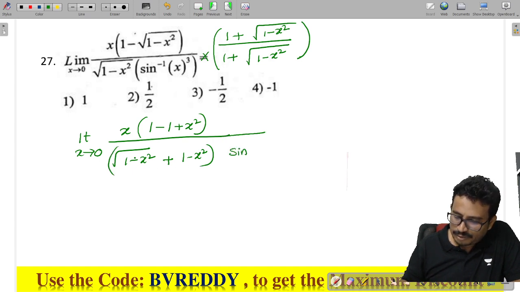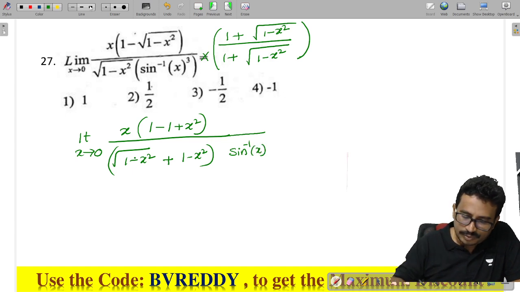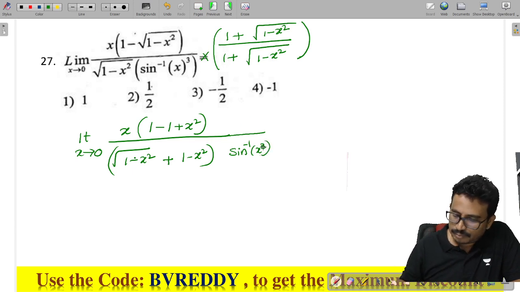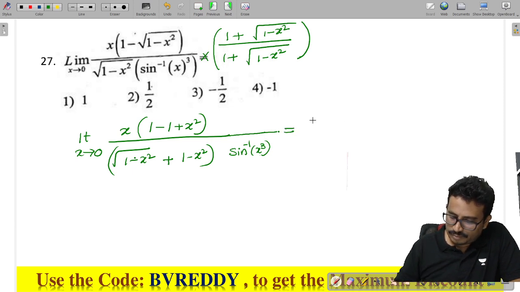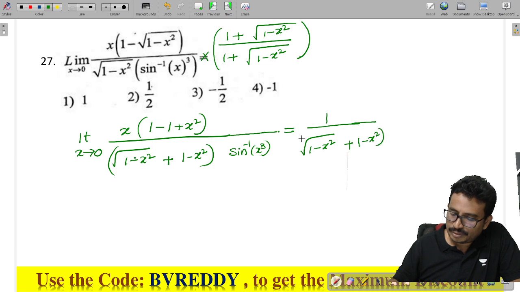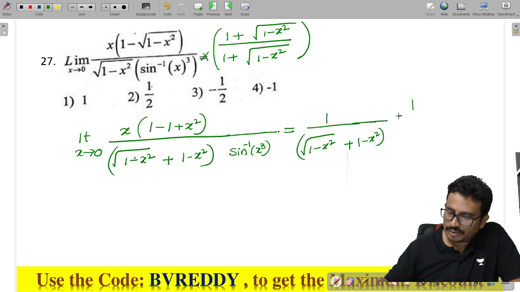into what I will get now here, sine inverse of x cube. So which is given as, 1 will get cancelled here. So I can do this thing here, that is 1 by square root of 1 minus x square plus 1 minus x square, into what I will get now here, 1 by sine inverse of x cube by x cube.